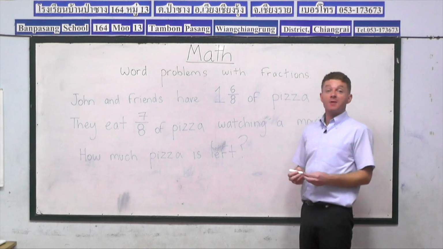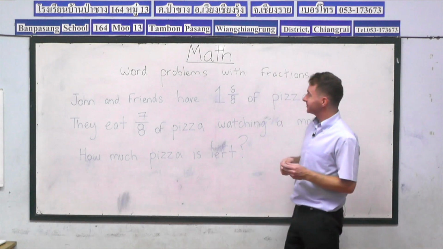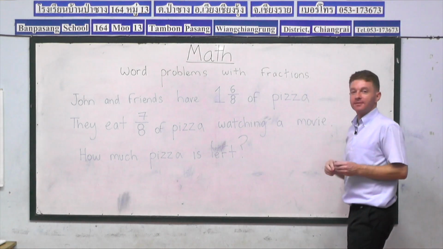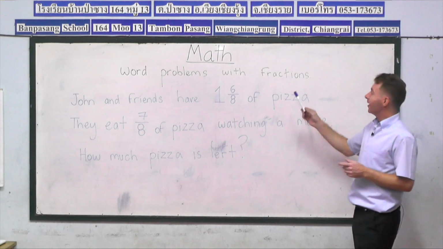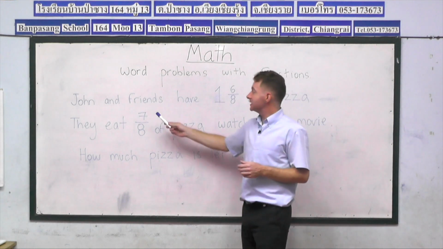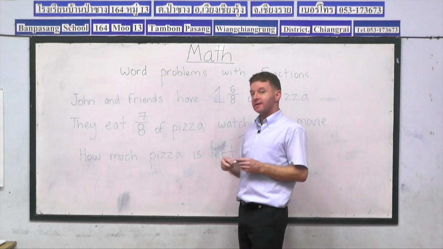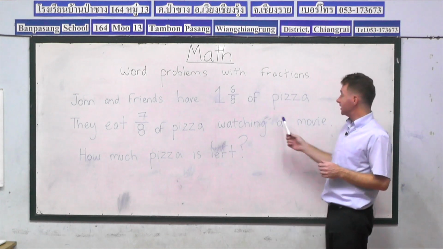So let's read the word problem together, guys. John and friends have 1 and 6/8 of pizza. They eat 7/8 of pizza watching a movie.